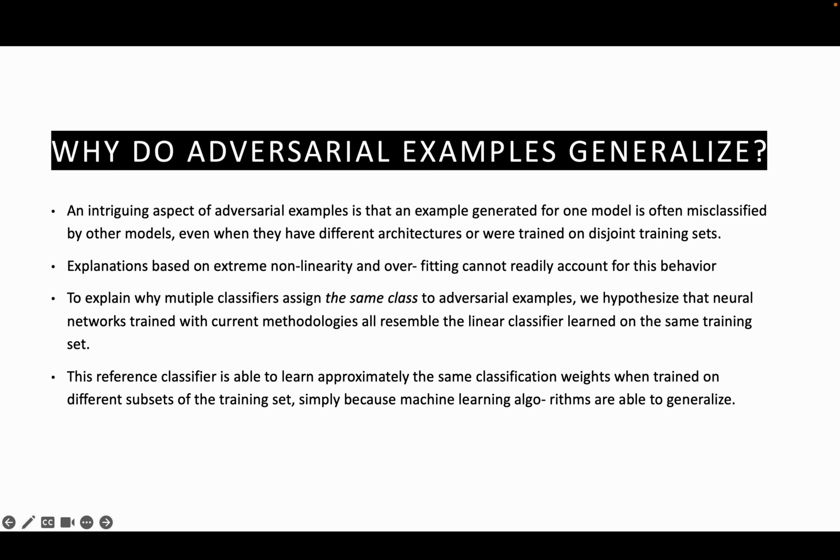In both cases it failed, but to explain why multiple classifiers assign the same class to these adversarial examples, we can hypothesize that neural networks with the current methodologies all resemble the linear classifier learned on the same training set, right? The reference classifier is also able to learn approximately the same classification weights on a different subset of the training set, simply because machine learning algorithms are able to generalize.